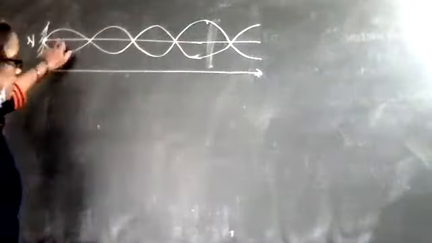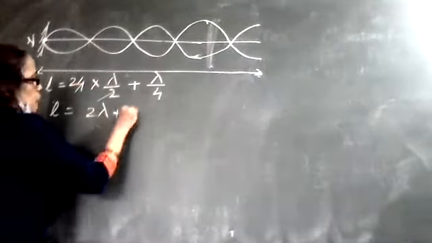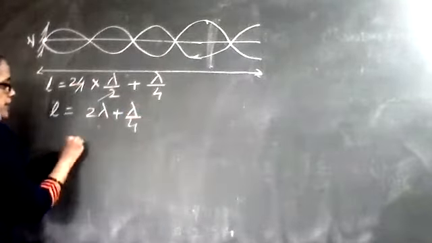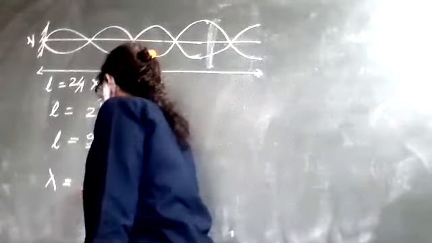So the total length of the string is 2 lambda plus lambda by 4, which I am getting as 9 lambda by 4. That is your total length, and from this I can find out lambda, which is equal to 4L by 9.